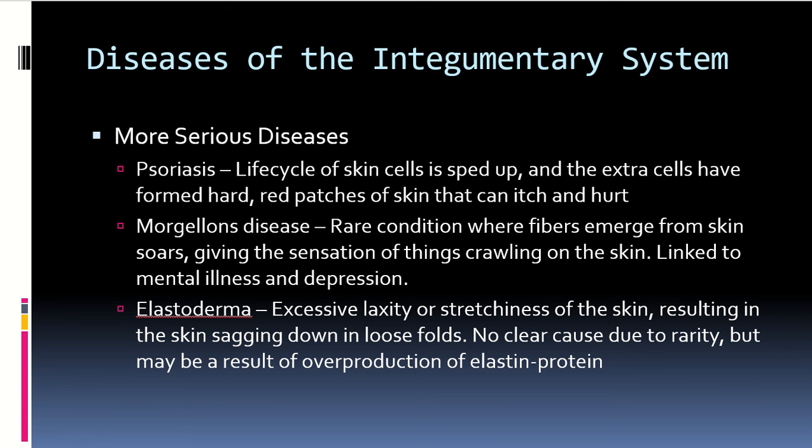So instead of having an appropriate balance of firm collagen and elastic elastin, maybe the skin has a larger ratio of elastin to collagen, therefore causing it to be more stretchy. And more or less, it's not really bad to have this. It's just more of an inconvenience of having skin that is just flopping in the wind, literally.